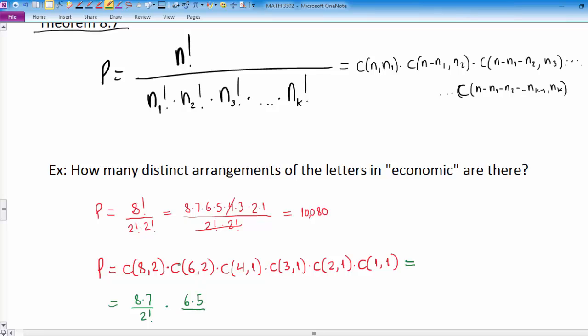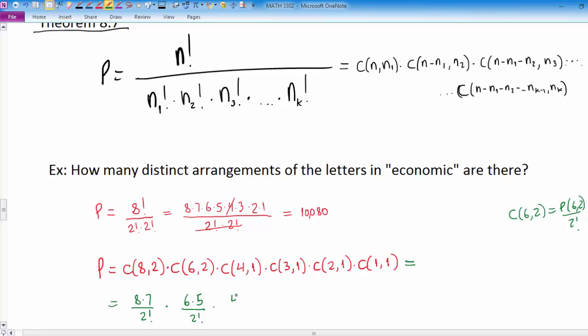See, that's why it's important to recall that the number of combinations comes from the number of permutations, divided by 2 factorial.